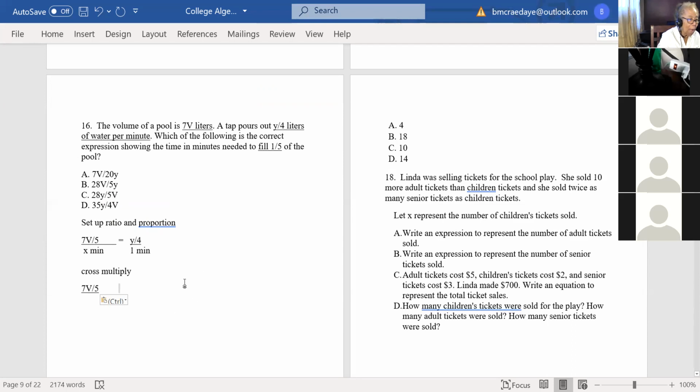Now, Y over 4 times x, what's that equal to? That's Y over 4 times x. No, this is the numerator, Y. So it's going to be xY over 4.